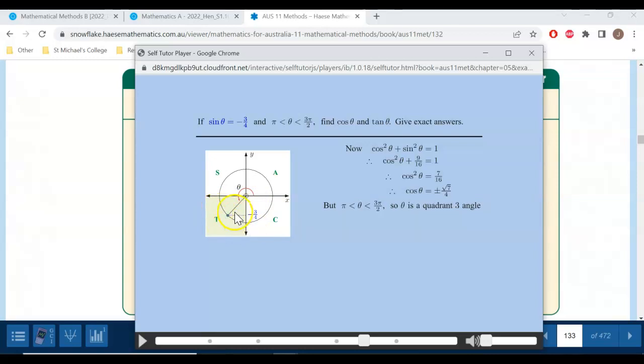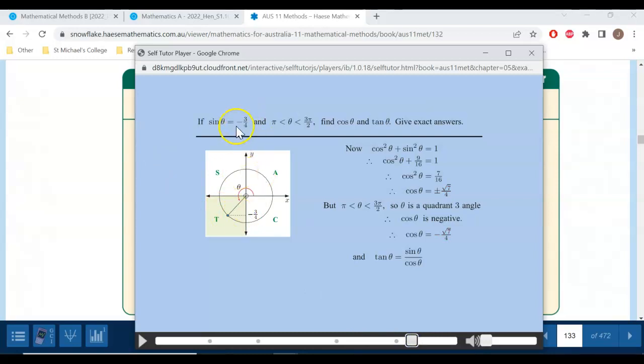So if we consider this quadrant here, then we know that the value of cos theta, which is our x, is given by negative square root of 7 over 4. Let me just drag this along.